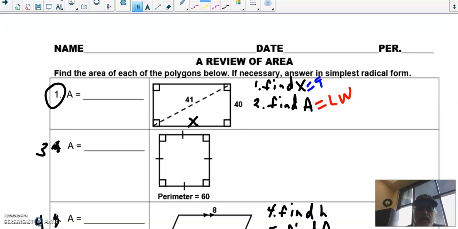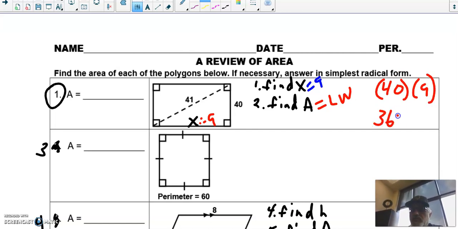Well, I found 9 down here, right? So basically it's going to be 40 times 9, which is 360 units squared. So that's number 2, 360 units squared.